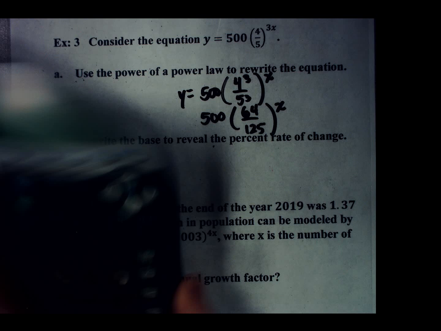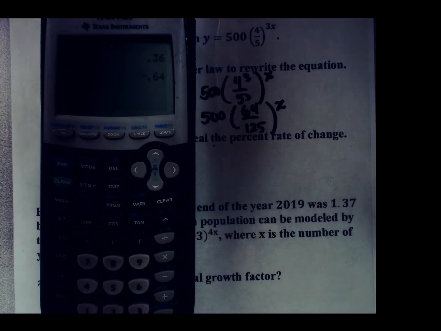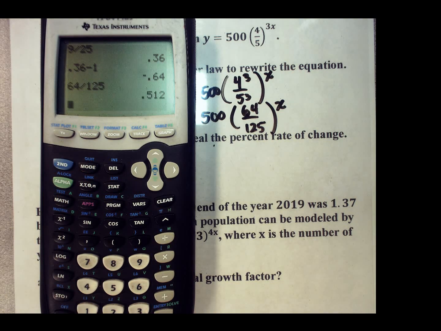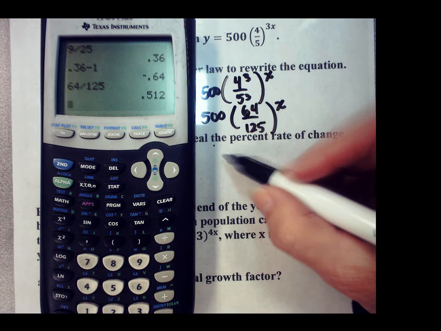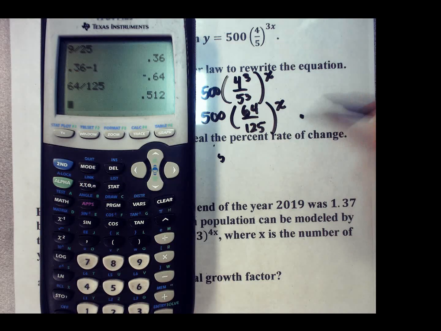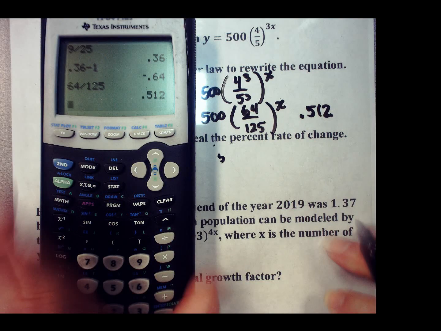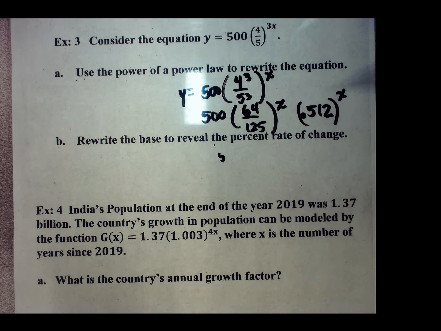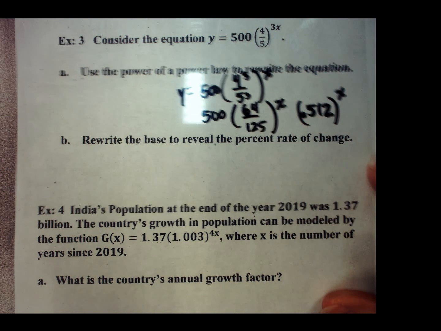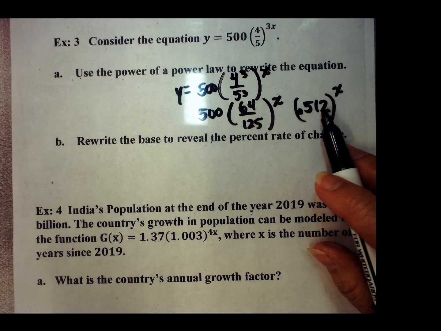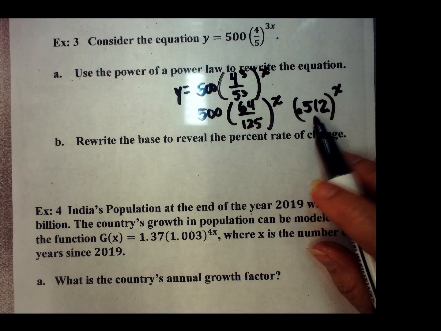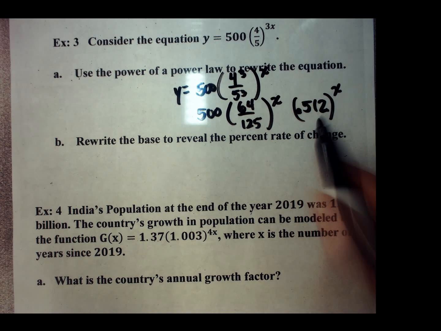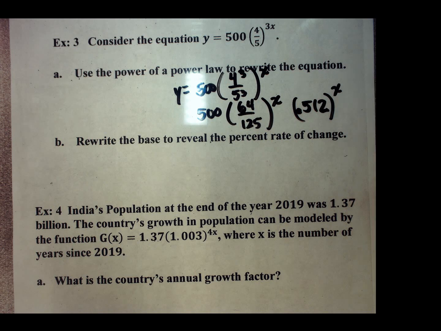Now, let's see what decimal that is. So that's 0.512. Okay, so this is what your growth factor, your decay factor is. That's called the decay factor because it's less than 1. Now we want to rewrite this to figure out what is the percent that it did decay.